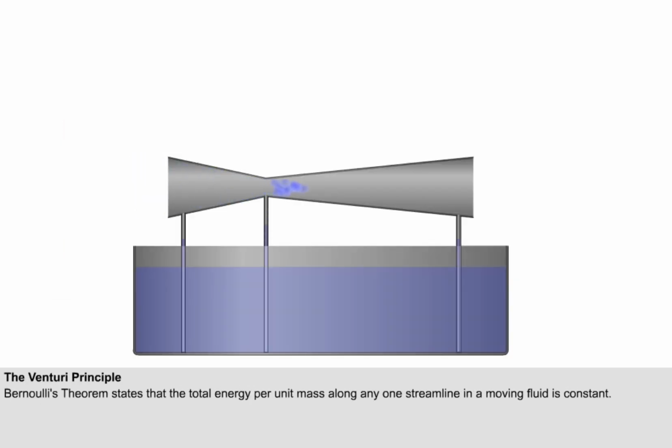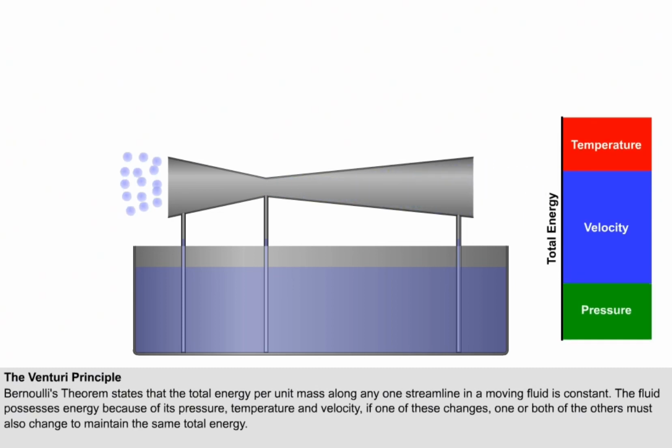Bernoulli's theorem states that the total energy per unit mass along any one streamline in a moving fluid is constant. The fluid, which is air in our case, possesses energy because of its pressure, temperature, and velocity. Any change in one of these characteristics will bring about a change in one or both of the others, in order that the total energy of the fluid flow remains constant.